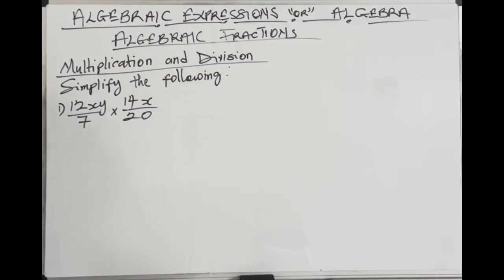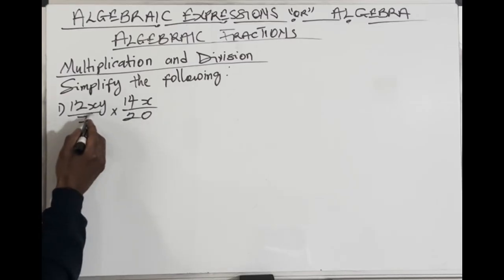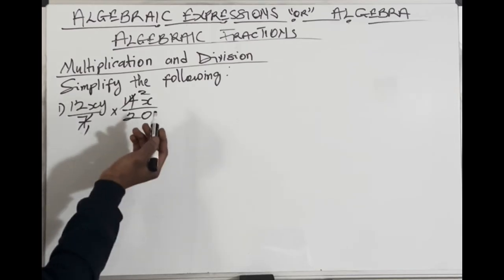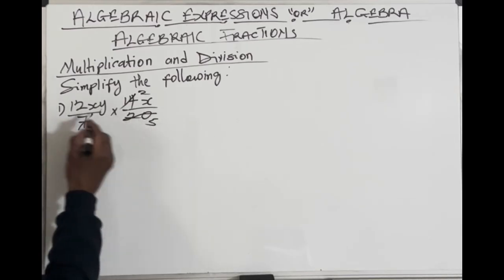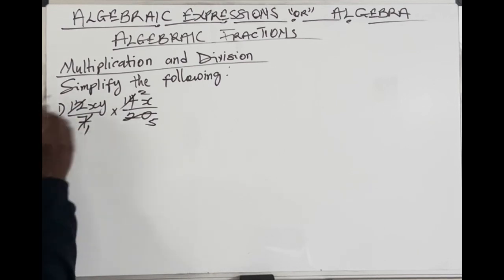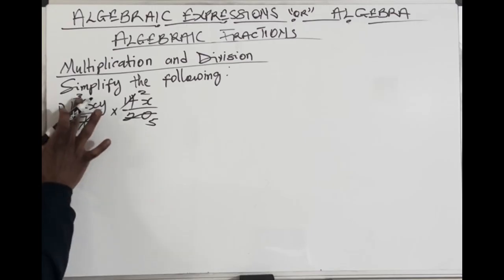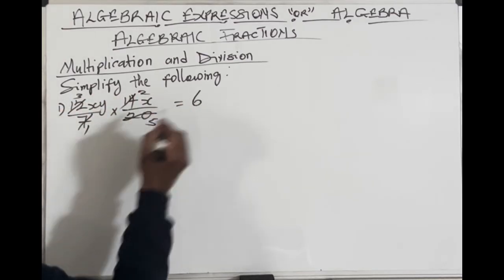Now, we can do things simply here. So 7 goes here 1, it goes here 2. 4 can go here, 5 can go here how many times? 3. You see, we've broken things down. Now we have 3 times 2, which is what? 6.